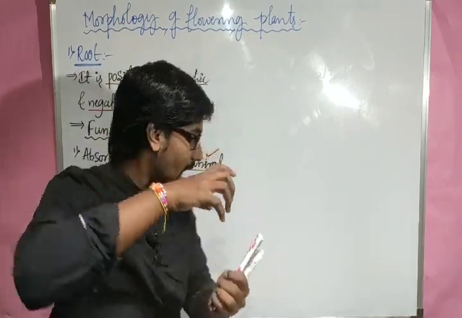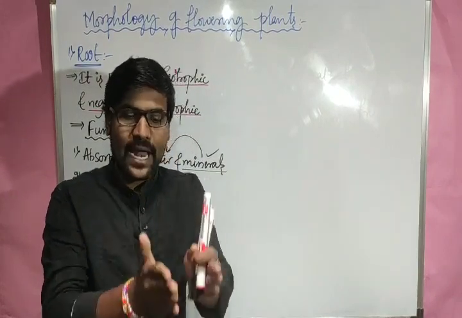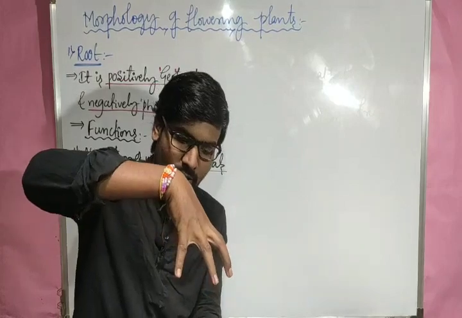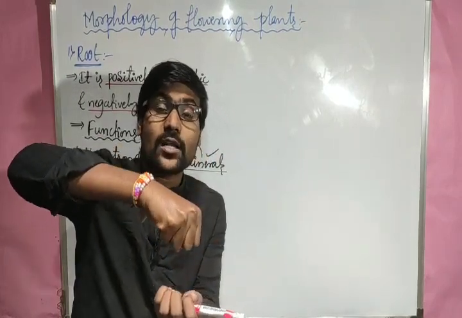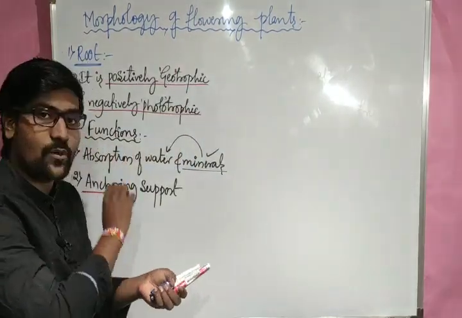Anchoring support means, because of the presence of roots, the plant is erect and standing very firmly. Why? Because roots hold the soil particles firmly and strongly. So that is another function of the root.